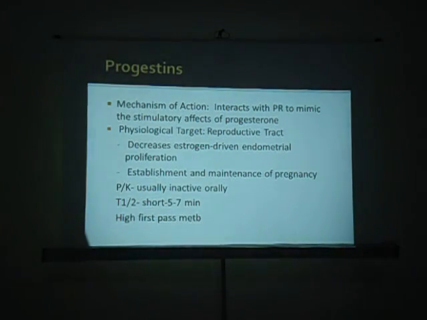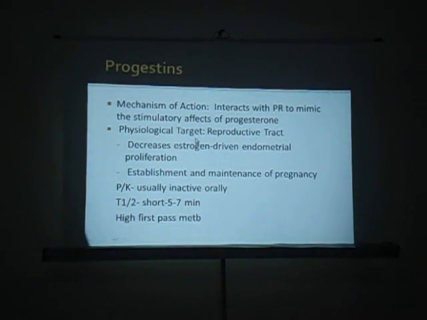So progestins, how do they act? The mechanism is they interact with the progesterone receptors to mimic the stimulatory effect of progesterone. The action is to prepare the uterus for nidation, to prepare the uterus for the new baby to survive well there.